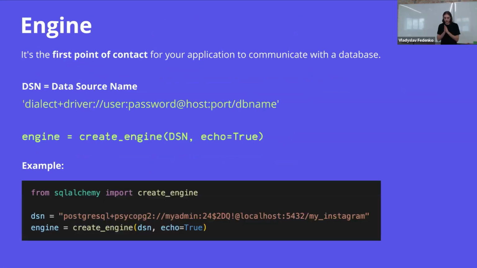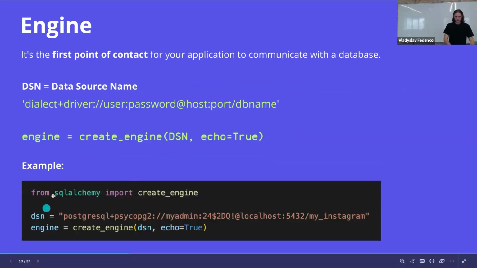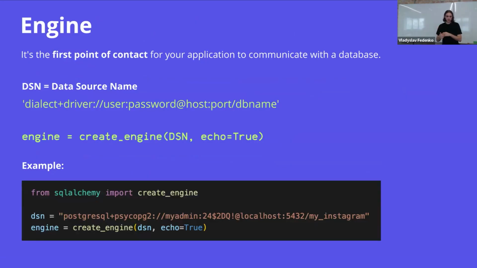So let's start with the engine. As I said, it is our first point of contact with the database, our gateway. First of all, I need to tell you how we can get SQLAlchemy.